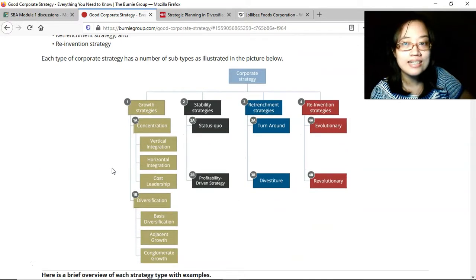So here is an illustration. Essentially you have the corporate strategy, and then below it are the different types. So you have growth strategy, stability, retrenchment, and then reinvention. Under the growth strategies, you have sub A, concentration, and then you have sub B, diversification. Under sub A, concentration, you have vertical integration, horizontal integration, and then cost leadership.